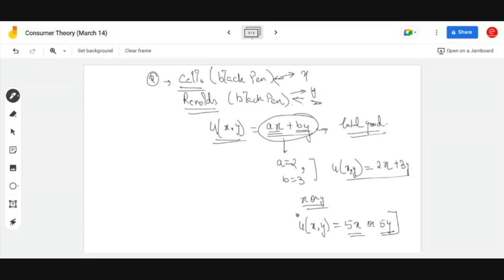Is it clear? That's why we use the plus sign. Okay, sir. So we'll be solving numericals on the basis of these utility functions later on. I think it will be much clearer after that.